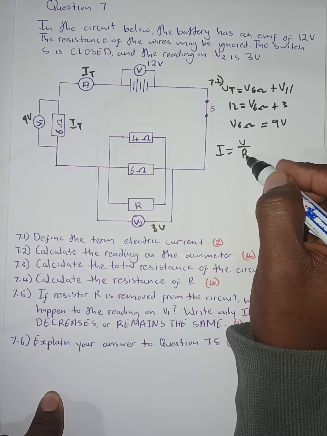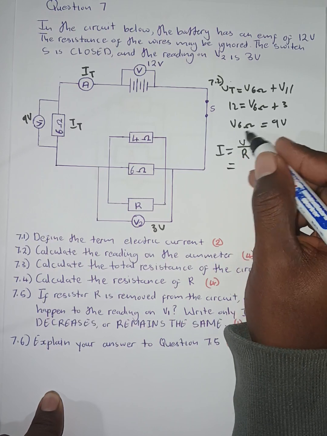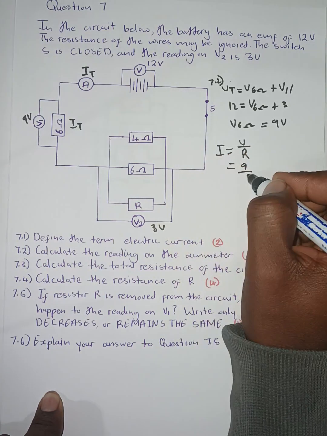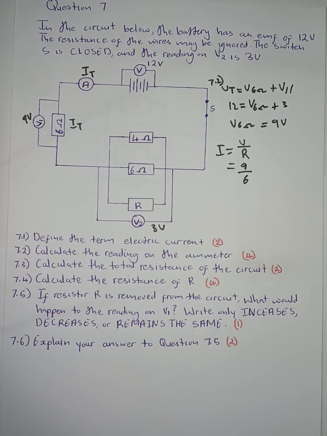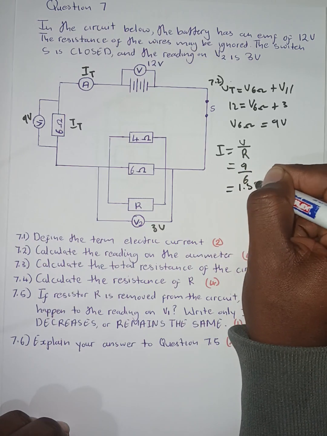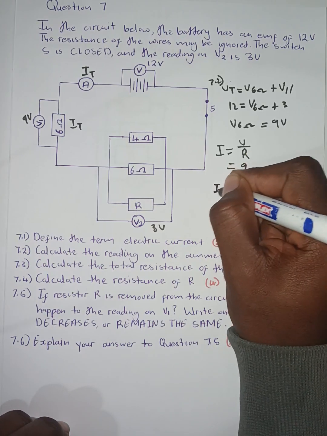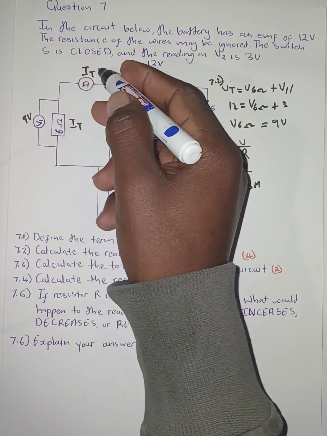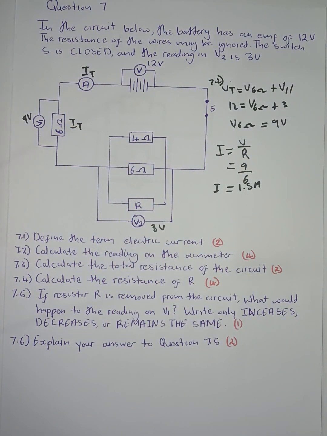So I equals 9 divided by 6, which gives a value of 1.5. So our total current would be 1.5 amperes, the current passing through that point there. That is the answer.